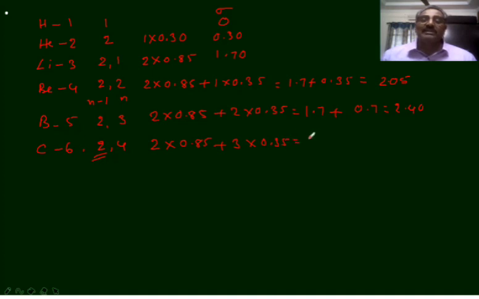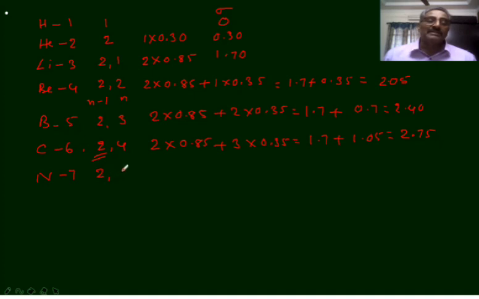So the total sigma value will be 1.7 plus 1.05, that is equal to 2.75.